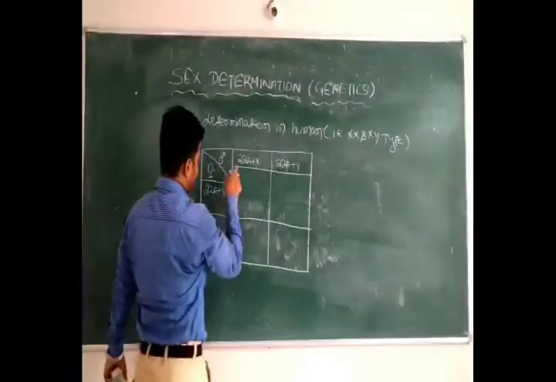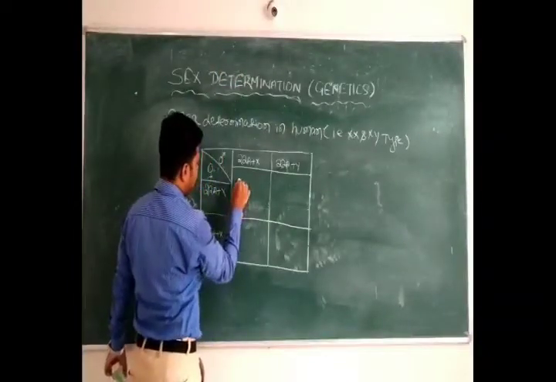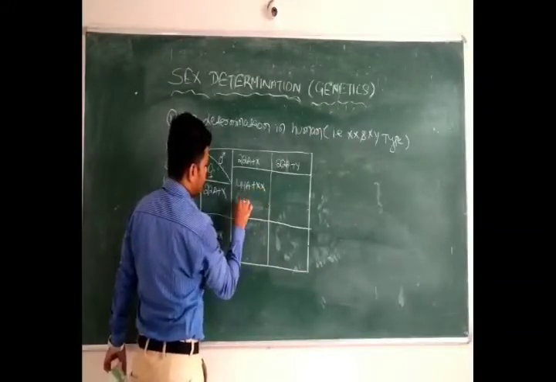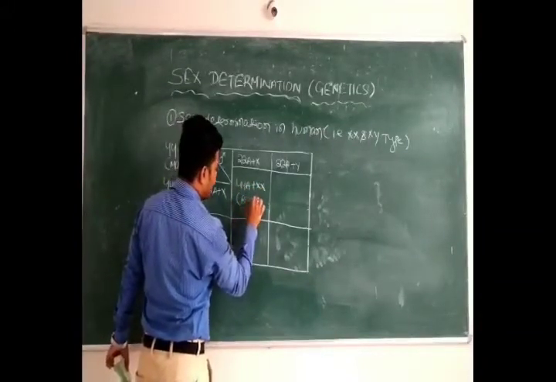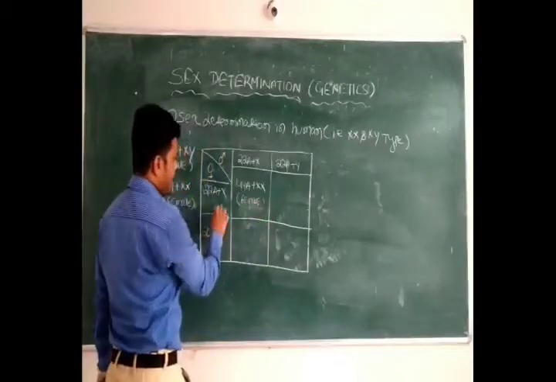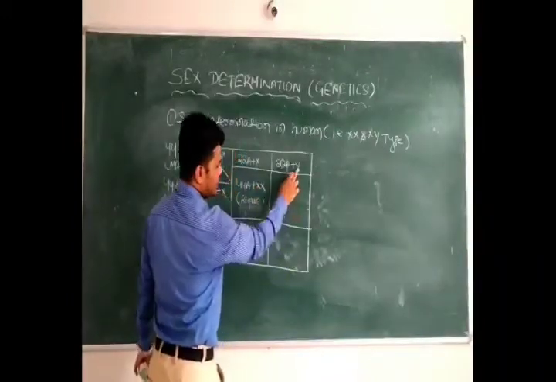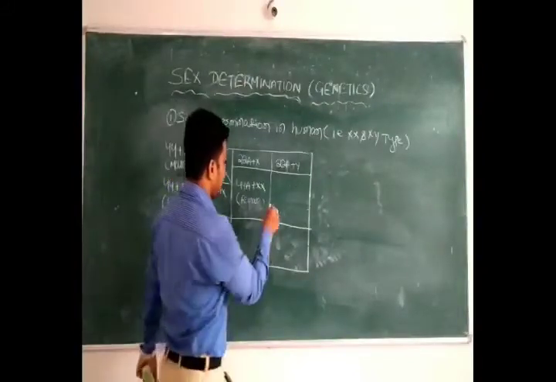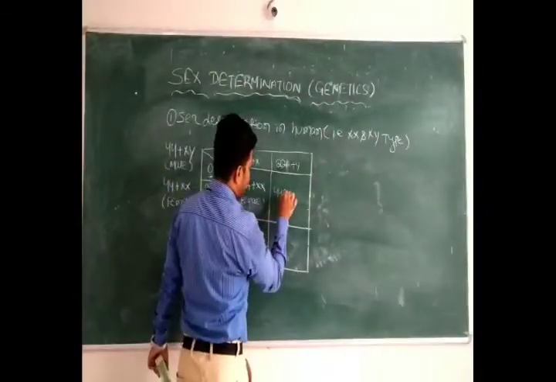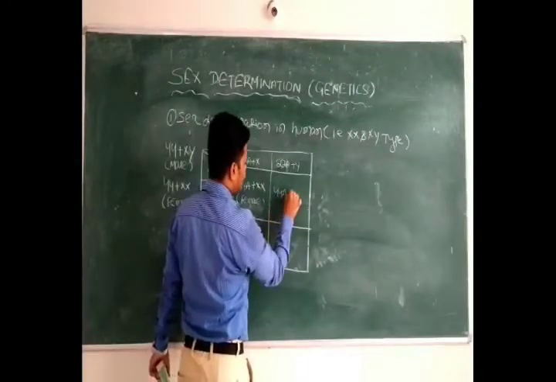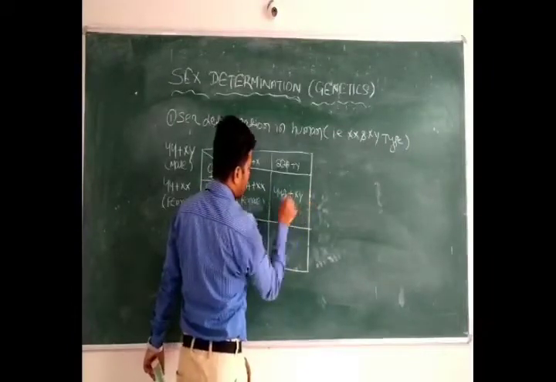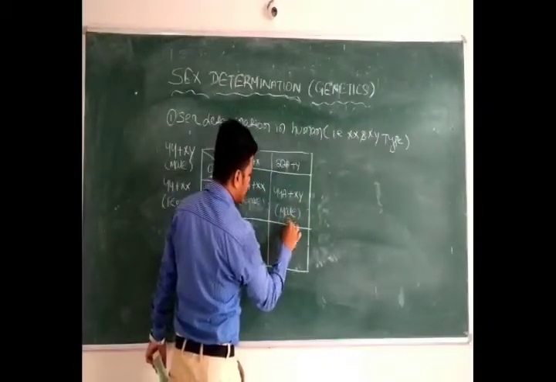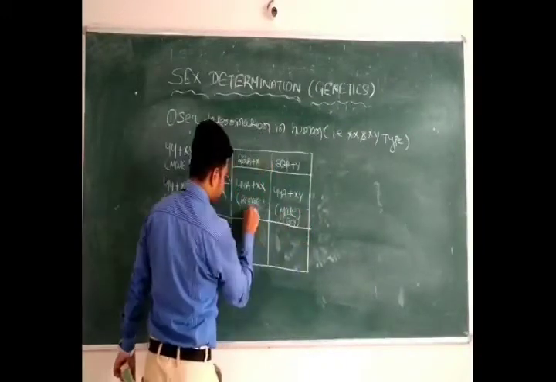Now we can do the cross. Here there will be 44 autosomes plus XX chromosome. That means a female, a girl baby, will be produced. In the next case, because the Y carries the male determination, when it is fused with the female gamete, that is 44 autosomes plus XY chromosome. That means the production of the boy or male.